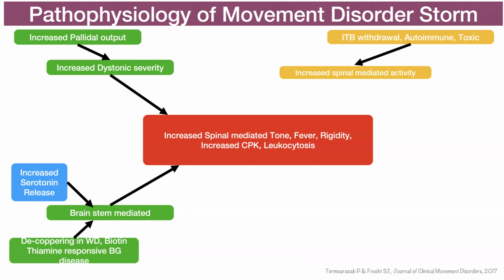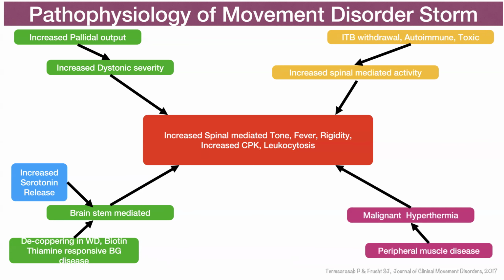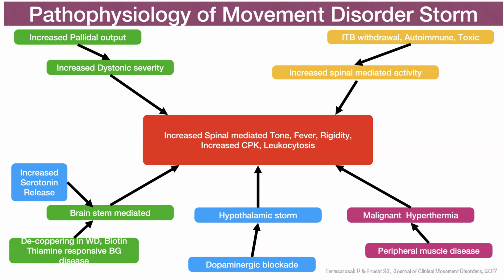Or in certain patients, it can be related to sudden withdrawal of intrathecal baclofen, or autoimmune disorders or toxic causes, which take away the suppression, leading to increased spinal mediated activity and a sudden dystonic crisis. Or due to peripheral muscle disease such as malignant hyperthermia, which can present like this, or due to dopaminergic blockade from a hypothalamic storm.